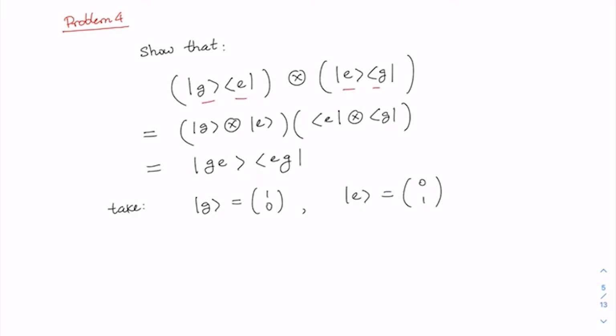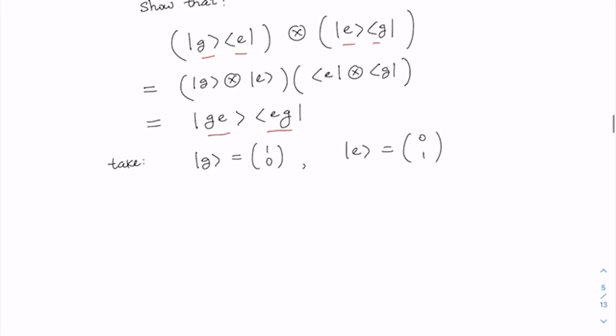So you have to basically show that this would be simply equal to this one, and you are asked to take ket z as 1 0 and ket e as 0 1. So let us do it. So first let me work out ket z bra e.